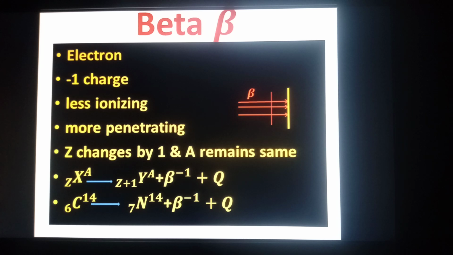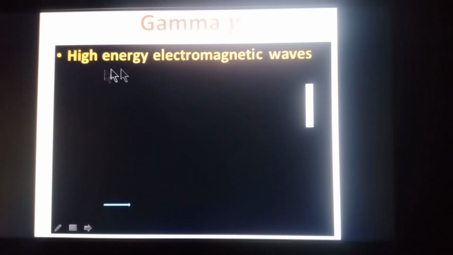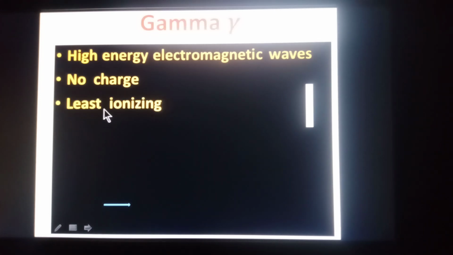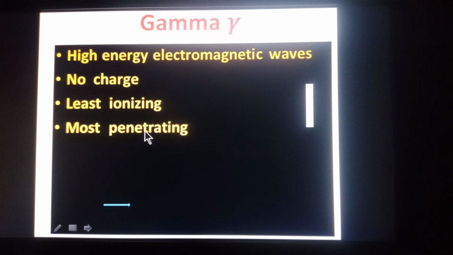And third is gamma radiations. These are high energy electromagnetic waves. No charge, neutral, means least ionizing. They have no charge, so they are least ionizing, most penetrating.